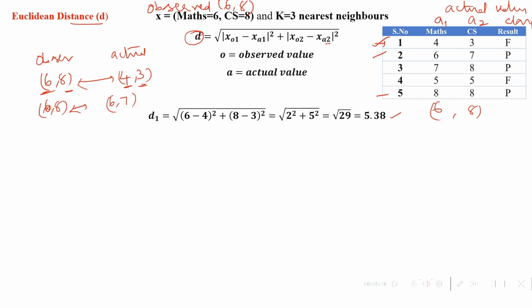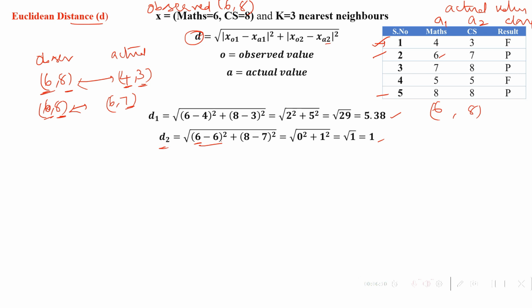Here the formula is d2 equal to the square root of (the first observed value 6 minus the actual value of the first value 6) whole square, plus (the second observed value 8 minus the second actual value 7) whole square, that is equal to square root of 0 square plus 1 square, that is equal to square root of 1. The output is equal to 1.